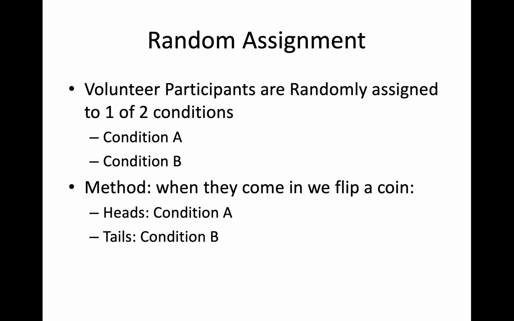Whatever your independent variable that you're manipulating, the experimenter manipulation, so non-subject variables, we assign participants to one of two conditions. The way this is often done is that when they come in, we flip a coin, and heads you go into condition A, and tails you go into condition B.